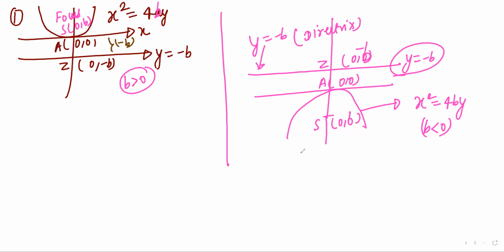So you can observe the changes, right. This is another case, this is greater than 0, here less than 0, right. This is on the y-axis, it is also on the y-axis. So write this case also. Then we will do the next topic, latus rectum of parabola.